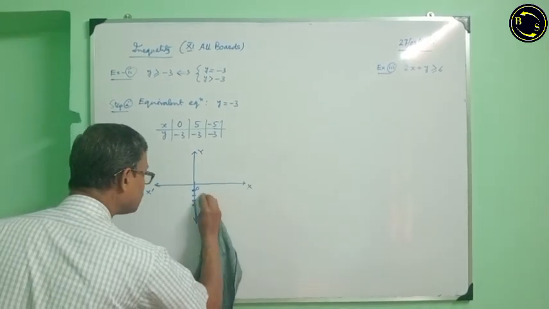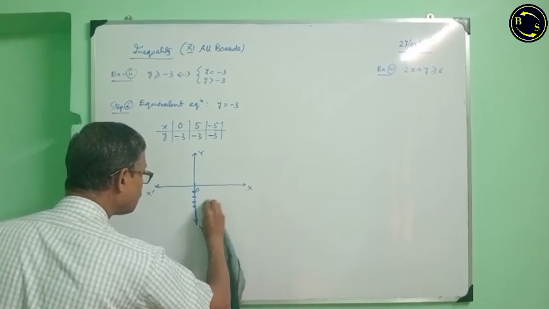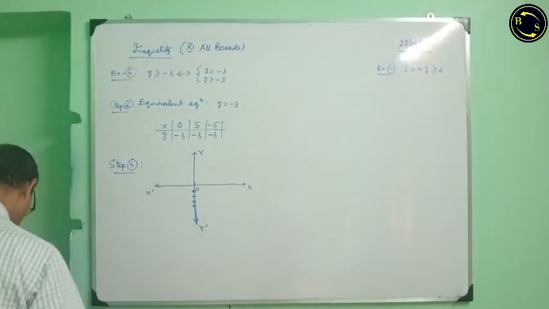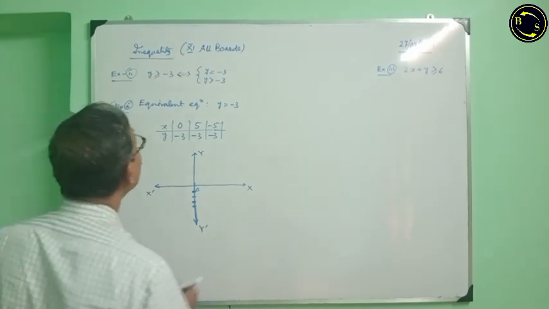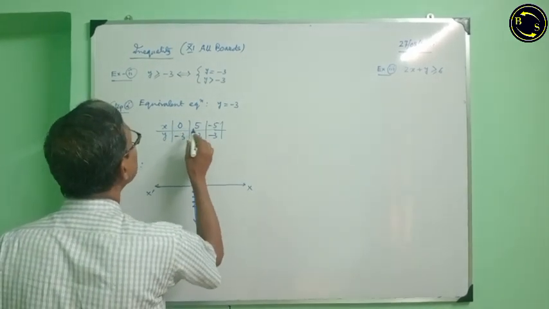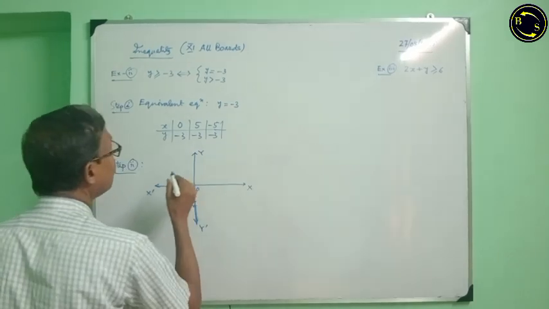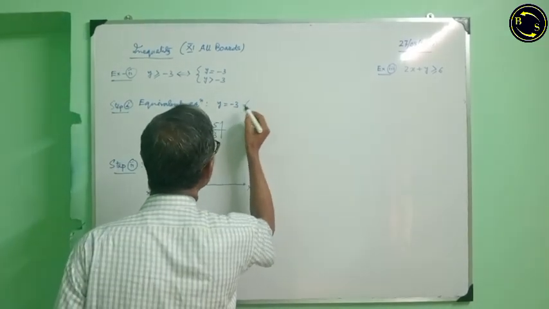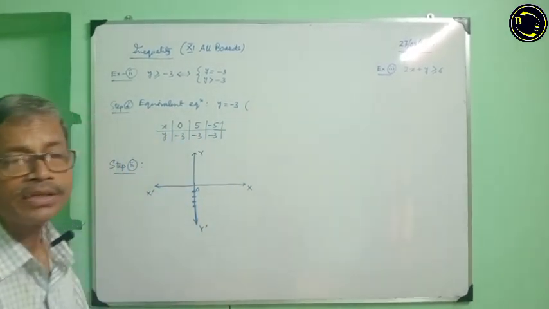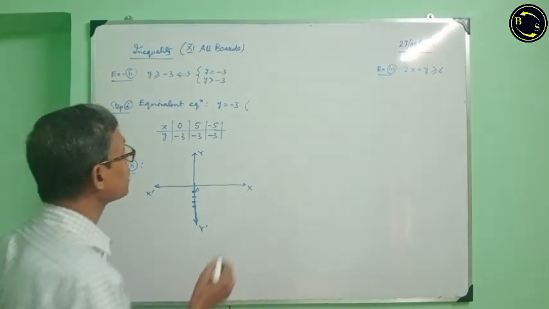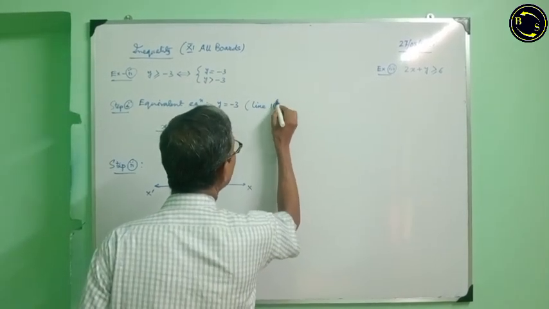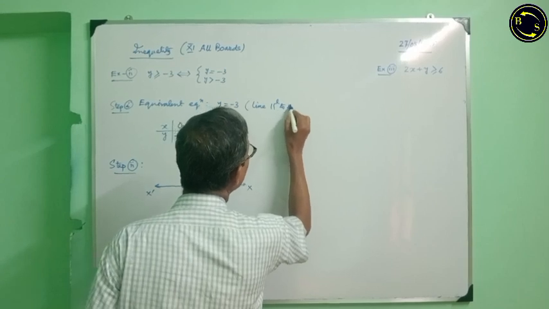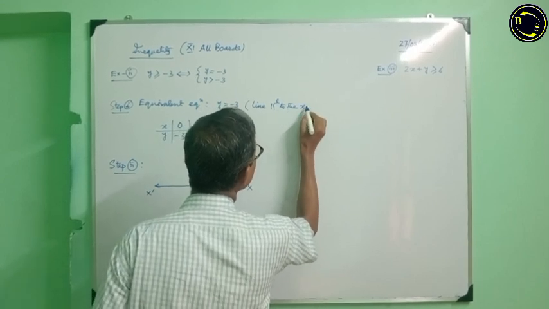Better we shall write after drawing the complete graph. X equal to 0, 5, 5. Already you learned earlier. Y equal to the constant means line parallel to x axis.